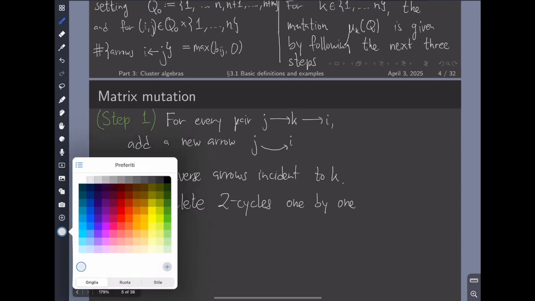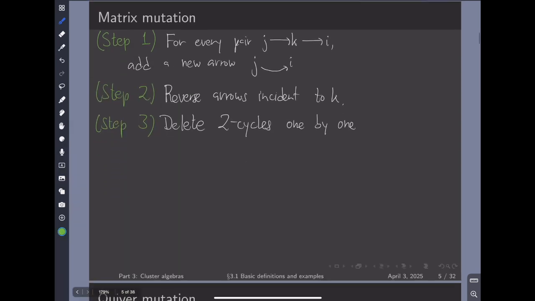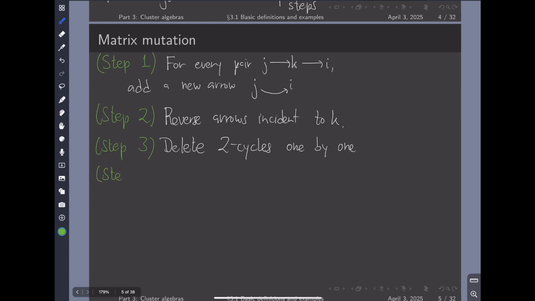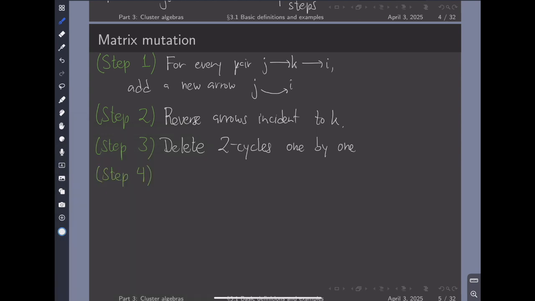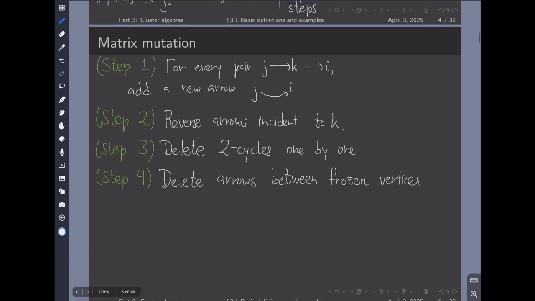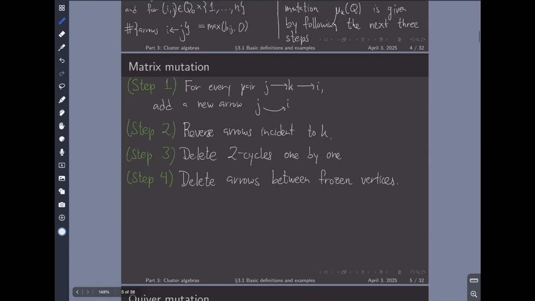So step 4, which personally bothers me, I always prefer not to do it, but in order not to create chaos once more, I'm going to say just delete arrows between frozen vertices. In my opinion, the 4th step should not be performed. And in any case, for the definition of cluster algebra, step 4 is irrelevant.